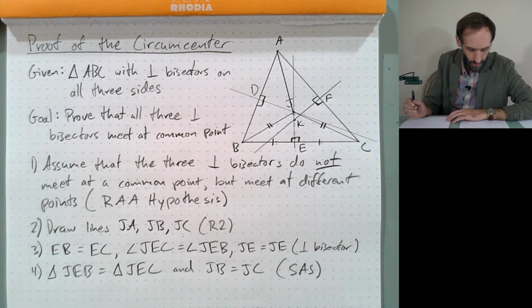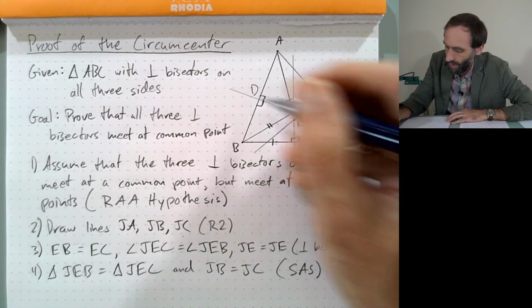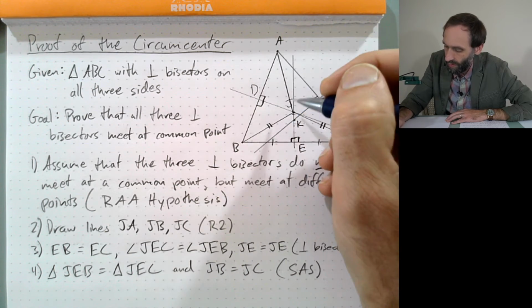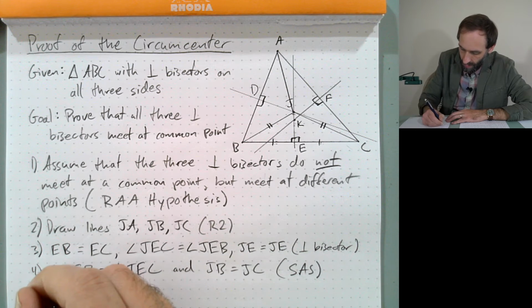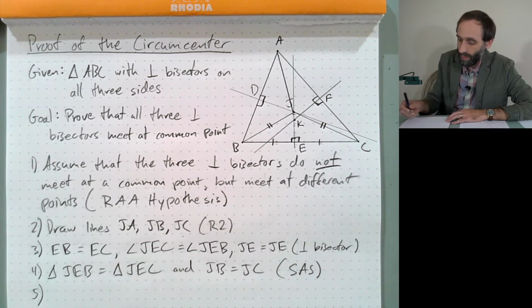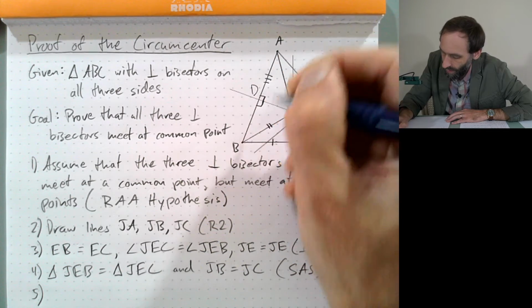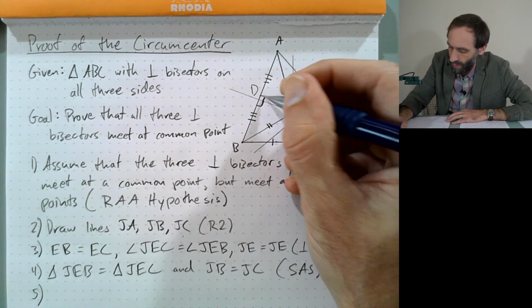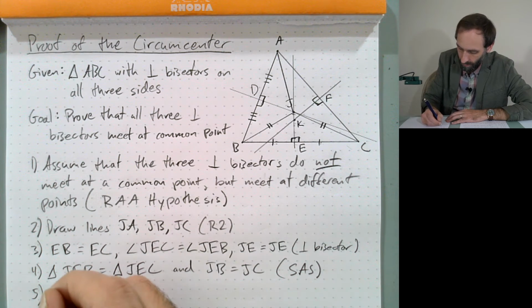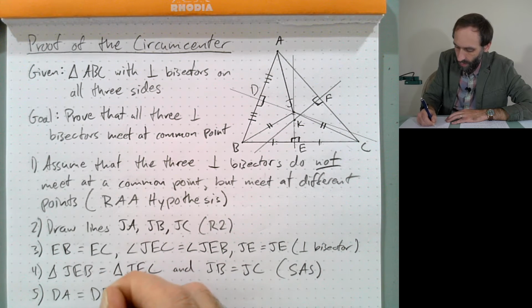Okay, well, now I can do the same thing with this perpendicular bisector and triangle JDA and triangle JDB. So let's go ahead and set that up. So step 5, I'm going to point out that this length here is equal to this length here. And once again, these are both right angles. So DA is equal to DB.